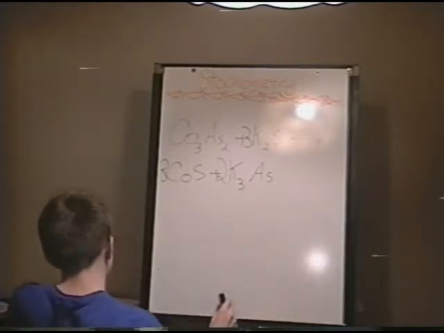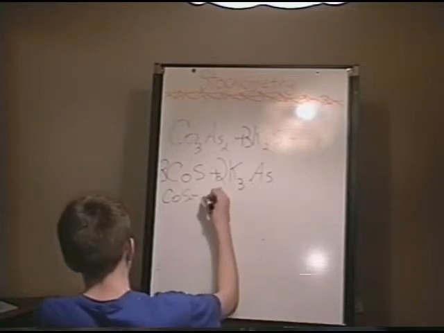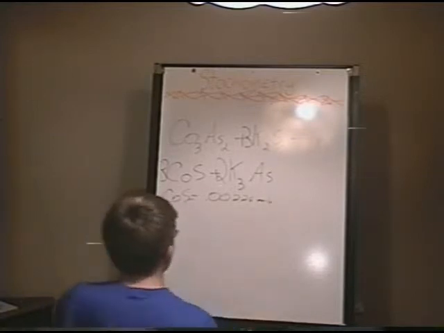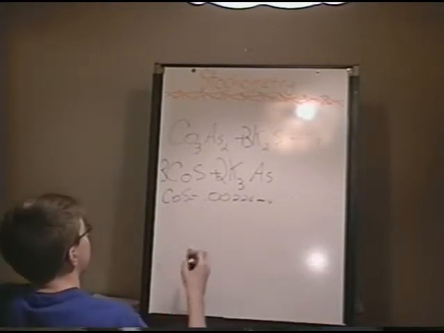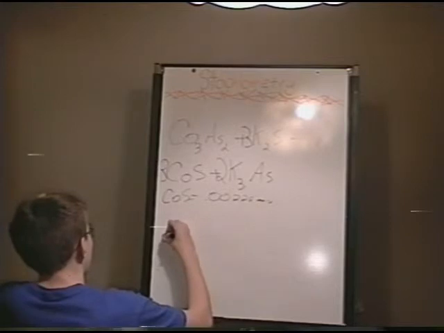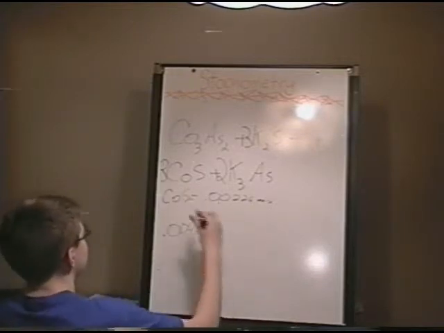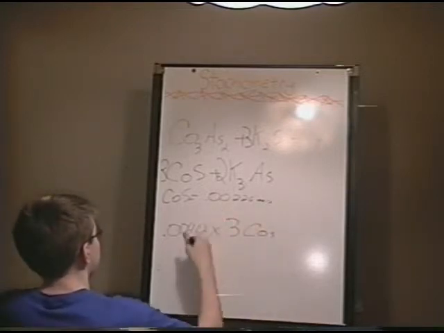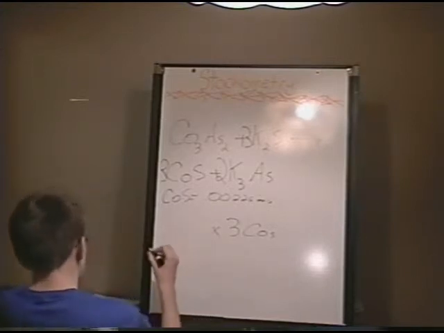That's your moles of CoS. Now you continue on. Like I said, you have used the same thing, but now you're using K2S over here. And your moles of K2S are 0.00462 multiplied by 3 CoS.